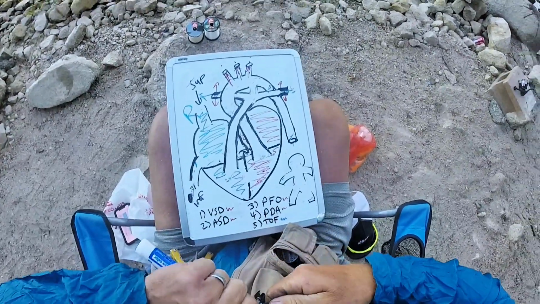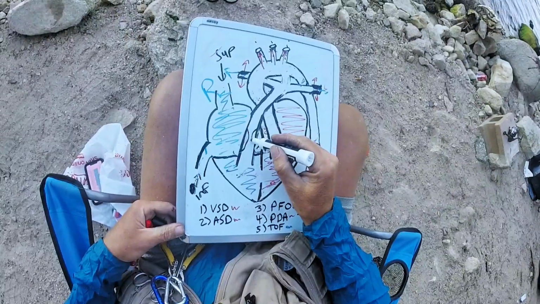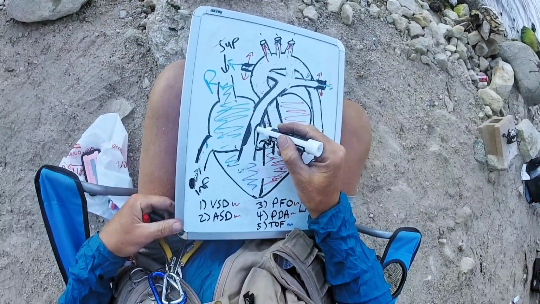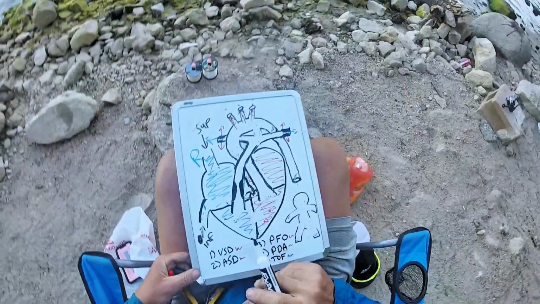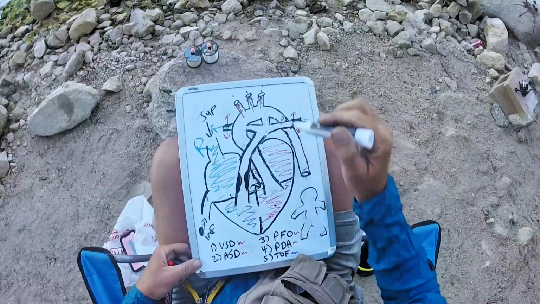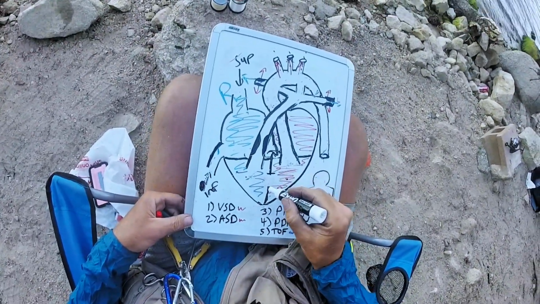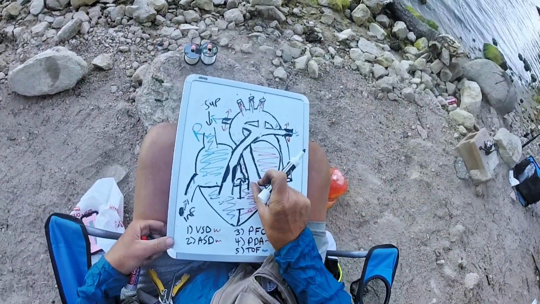1, we have narrowing of the pulmonary trunk. Yes? So narrowing of the pulmonary trunk heading to the lungs. All right. We have a ventricular septal defect. Okay. We also have an overriding aorta.